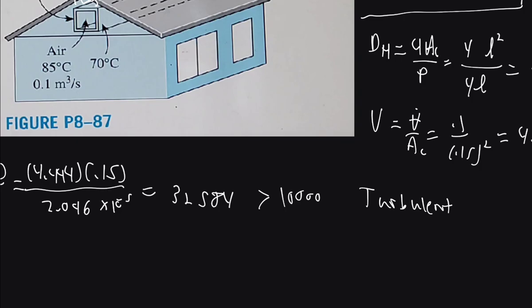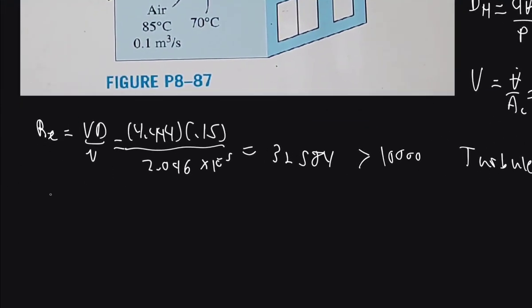Which means that we use the turbulent correlation. From here we can calculate the Nusselt number, which is 0.023 times Reynolds number to the 0.8 times Prandtl to the 0.3.